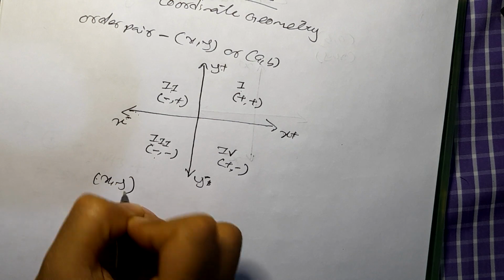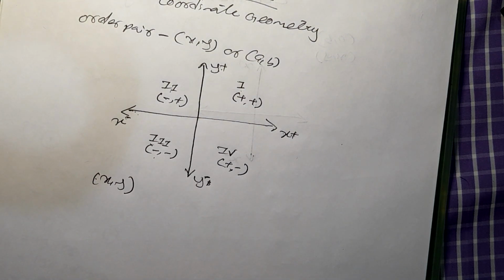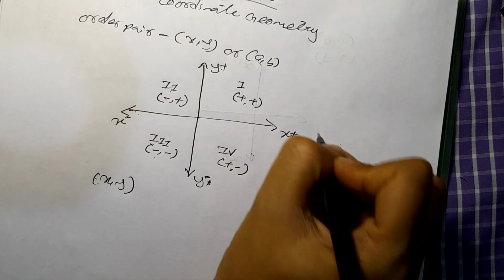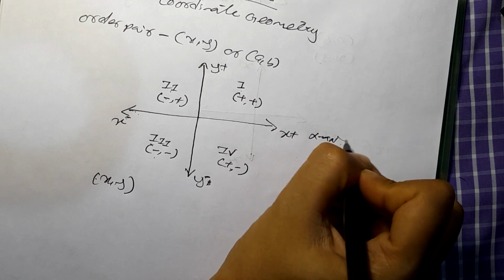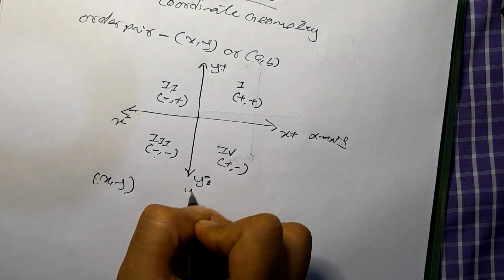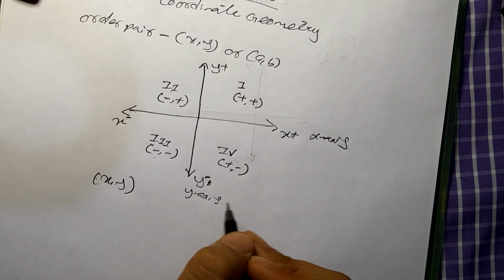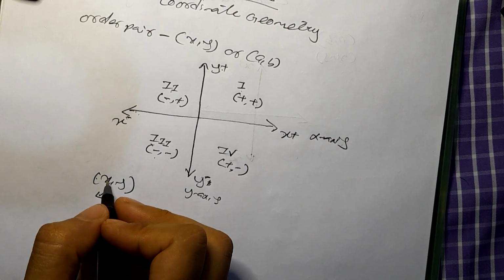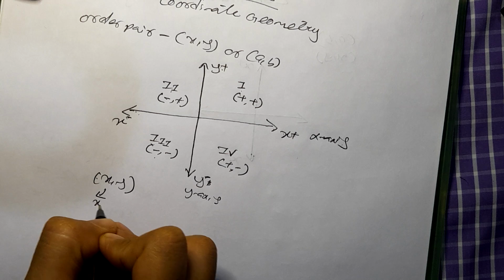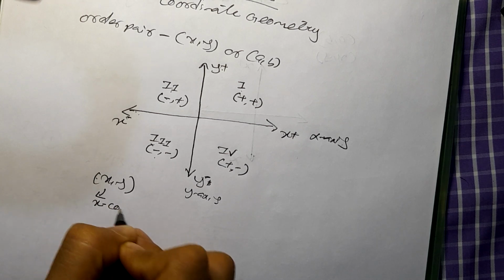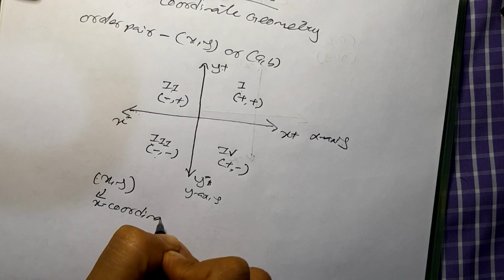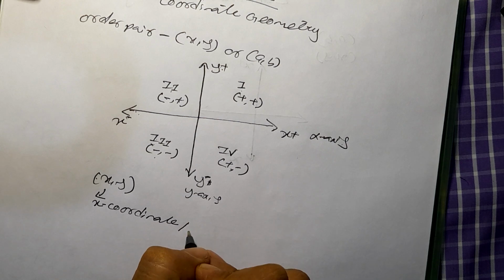Now we write this as a coordinate or ordered pair, that is x comma y. This is the x axis and this is the y axis. Each also has another name. The x we can write as x coordinate or abscissa.